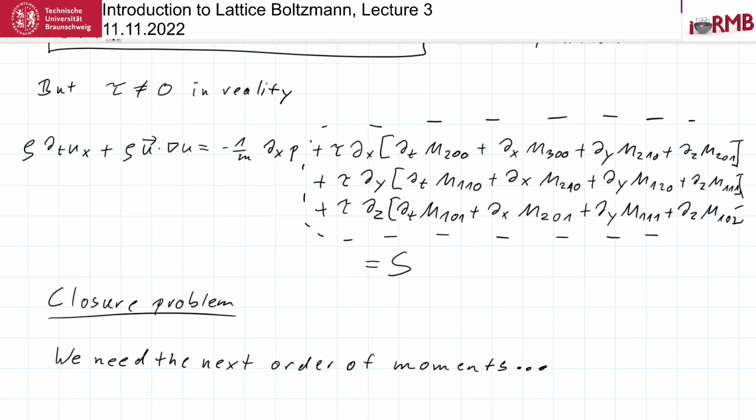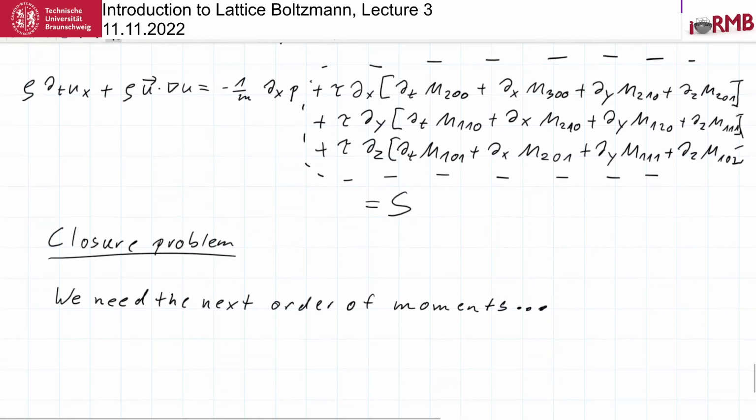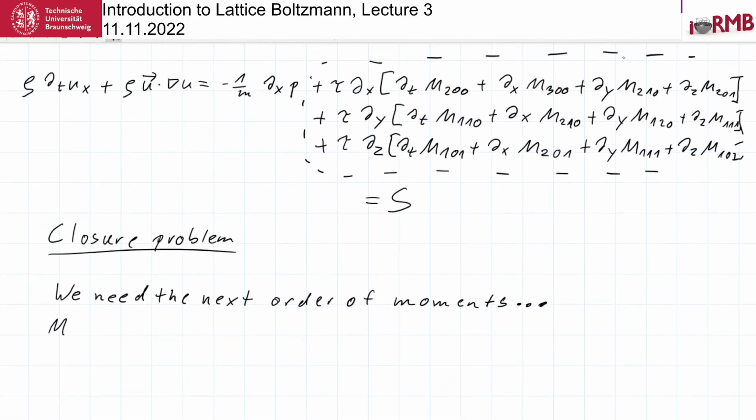And there is more to it. You get the next order of moments, m300, and this now works exactly the same as we had it before. m300 is a non-conserved moment, so this is equal to the equilibrium minus tau dt m300 plus dx m.